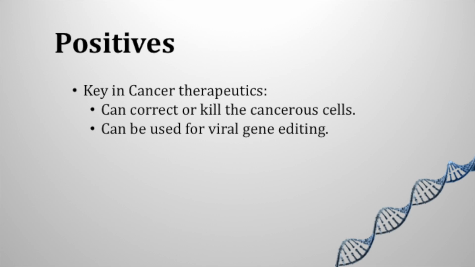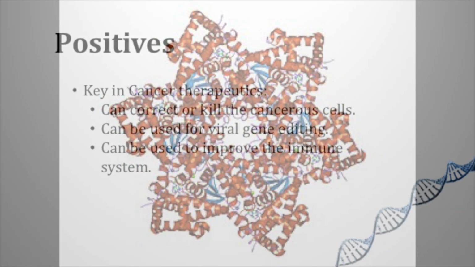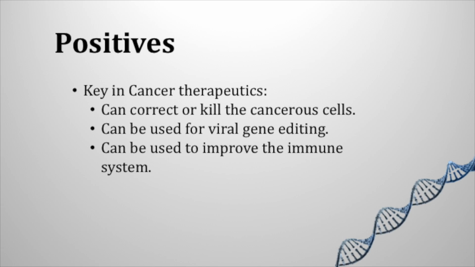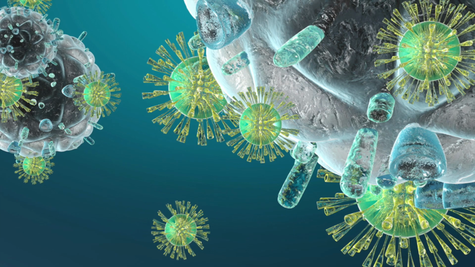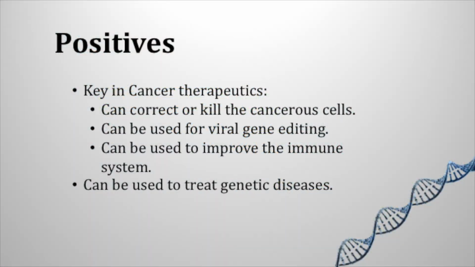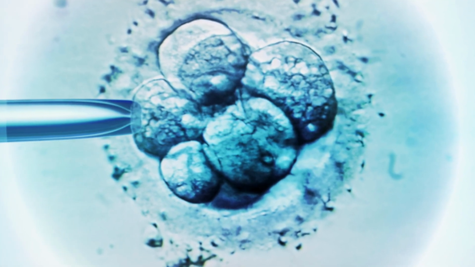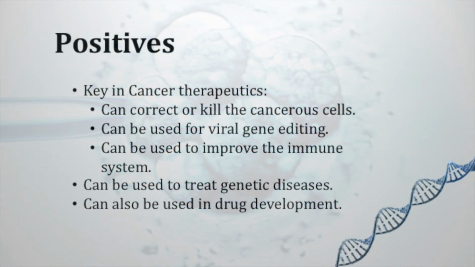Using CRISPR for viral gene editing, such as disrupting the genes in cancer-causing viruses such as human papillomavirus, a virus responsible for causing cervical cancer. Genetically editing other human genes, such as enhancing tumour suppressor genes or improving the ability of the immune system to recognise and kill tumours. This technology also has the potential to treat genetic diseases, such as cystic fibrosis, by altering genes involved in the diseases during the embryonic development stage, preventing the disease onset in later life.